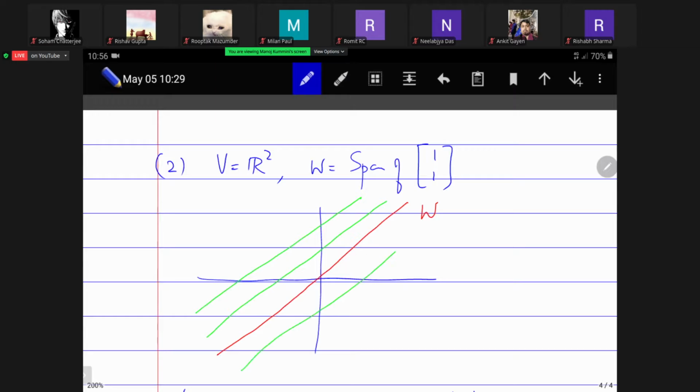I've only drawn finitely many, but remember there are uncountably many.